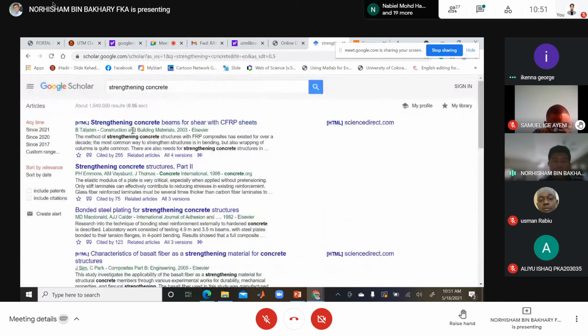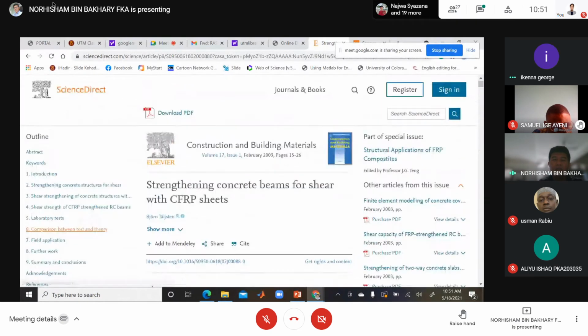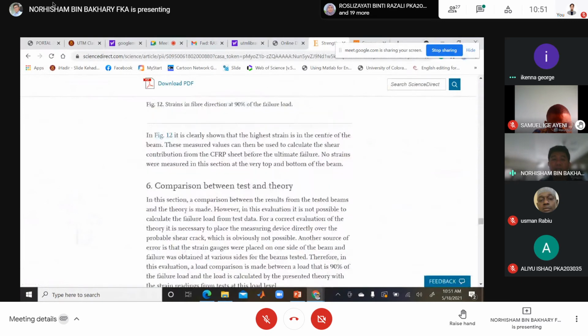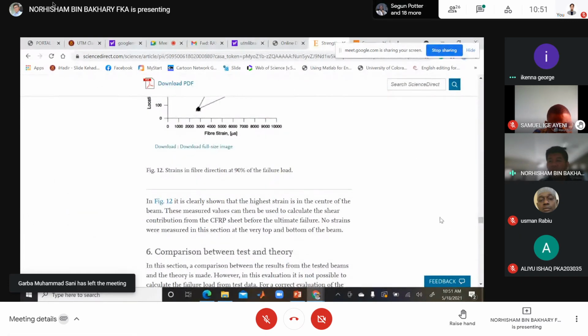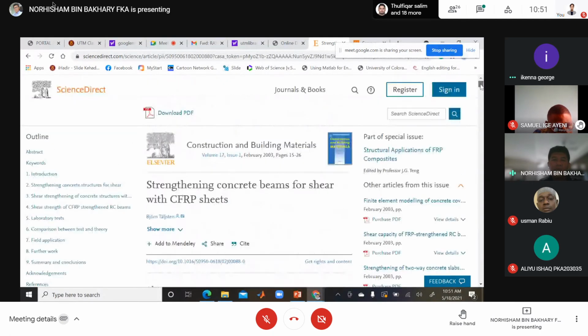Normally you cannot download, but you can read the abstract. This is because my computer is connected with the UTM database. So when I click that, you can straight away download. But if your computer is not connected, you cannot download, they will ask you to pay. But since UTM provides it, you can straight away download the paper.